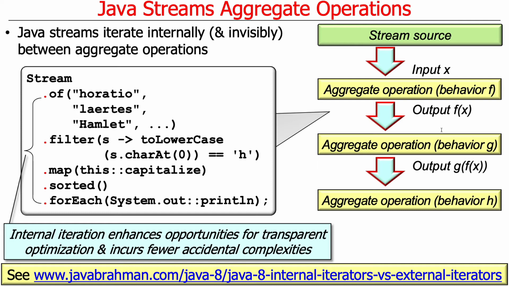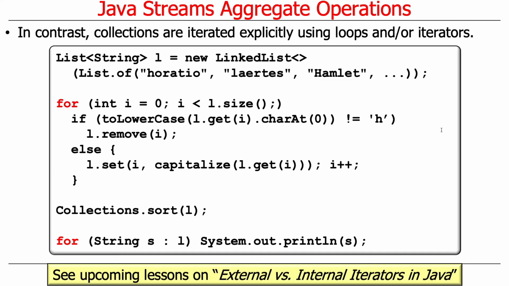In particular, we can go from doing a sequential processing of these steps to a parallel processing of these steps with really very little change at all to the structure of the program. It just runs faster in some cases when you have the right amount of data and the right number of cores and the right amount of processing, and so on and so forth. So internal iteration is something we'll talk about later if we have time, but it's what differentiates Java Streams from traditional ways of iterating through things in classic Java.